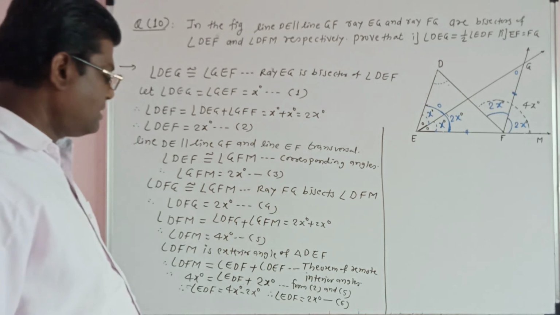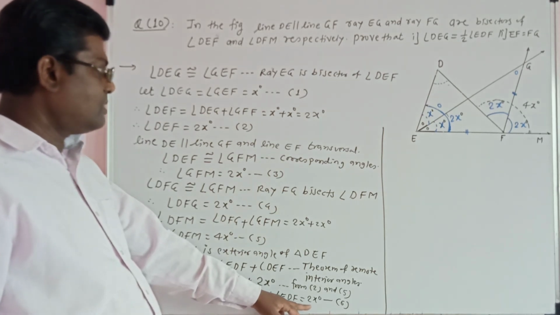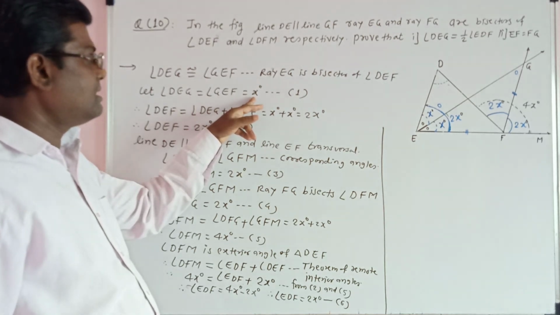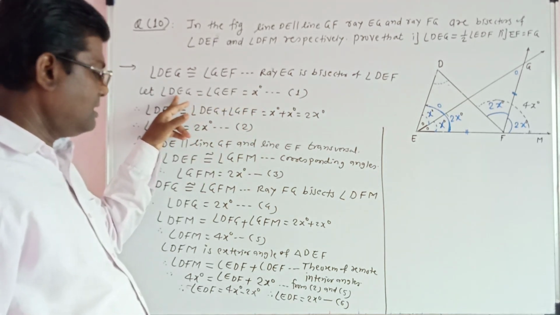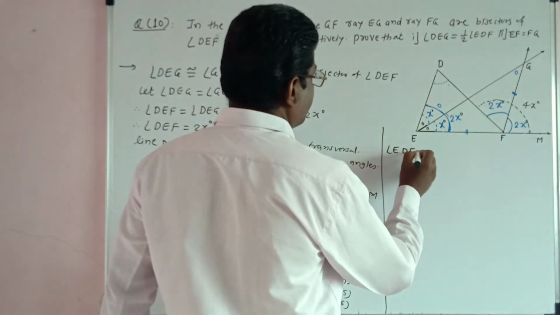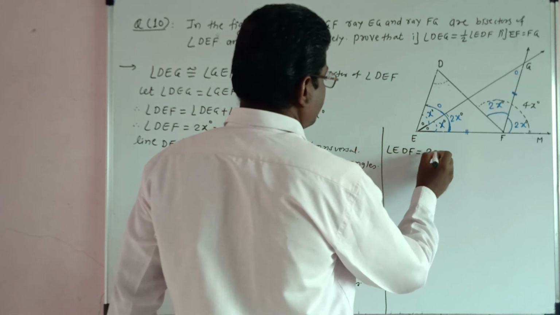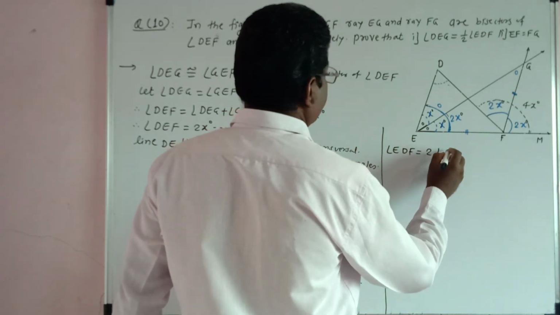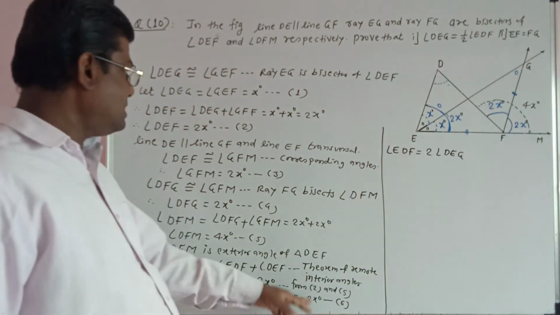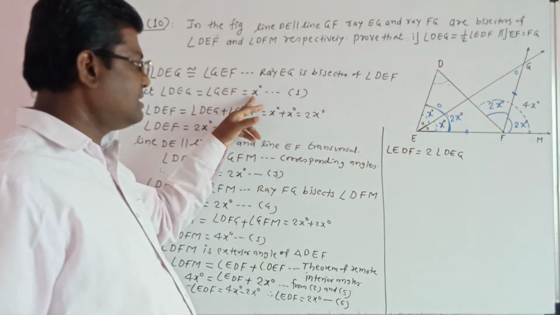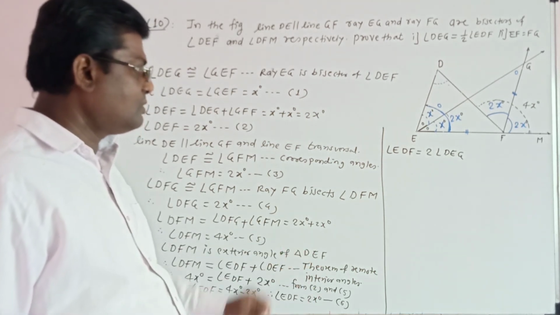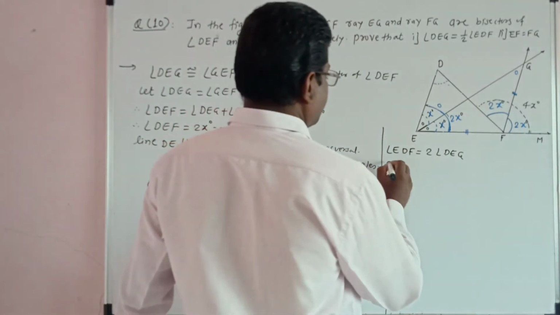Now let's see, angle EDF is equal to 2x degree. But what is x degree? X degree is angle DEG. Therefore angle EDF is equal to 2 into angle DEG, because angle DEG is equal to x degree and EDF is equal to 2 into x degree, means 2 into angle DEG.